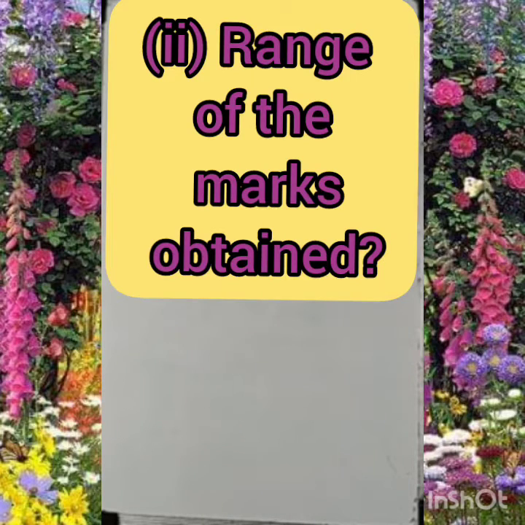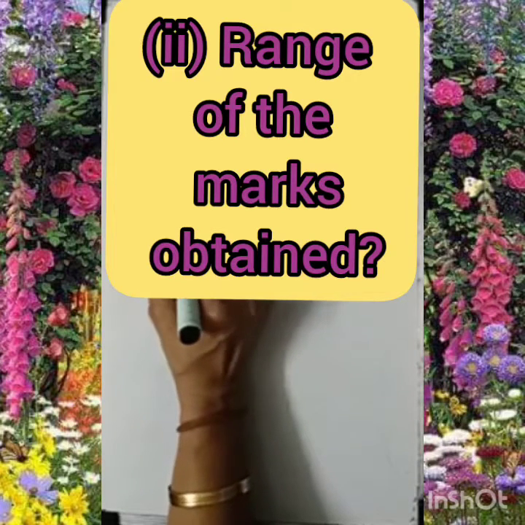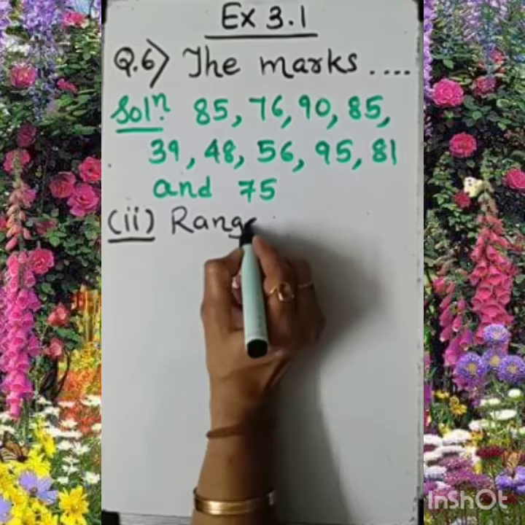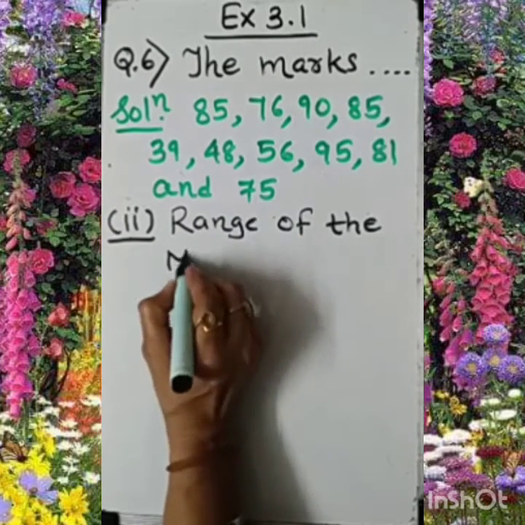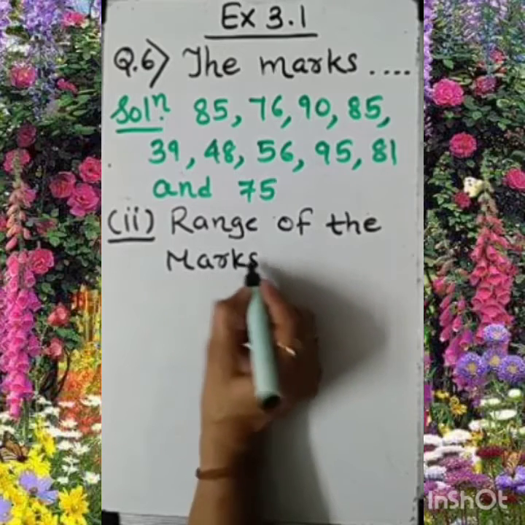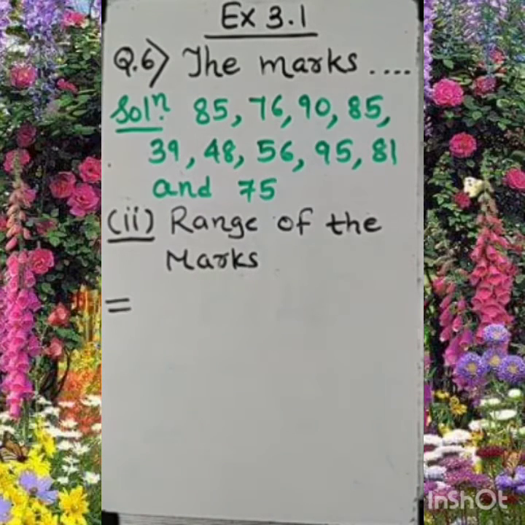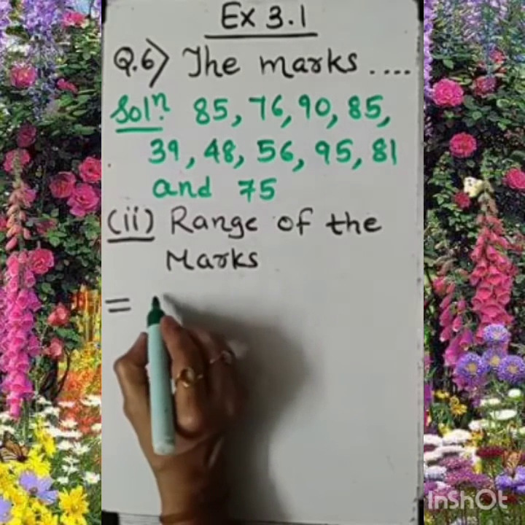Now the second question asks us to write the range of the marks. Please note down the range of the marks. How to find the range? You know very well. To find the range, we need to subtract the lowest observation from the highest observation.